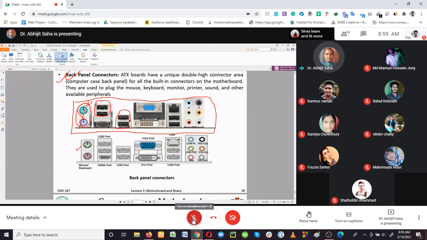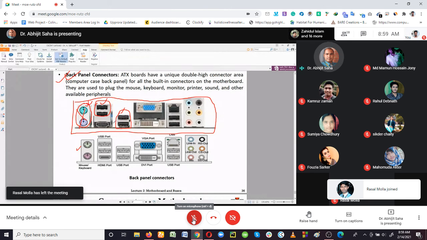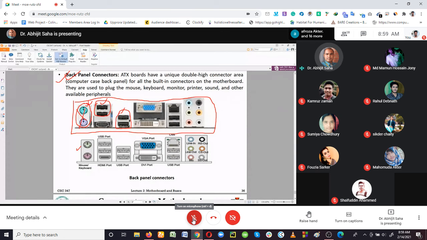You can see we have the USB port here. We can connect devices like a mouse, keyboard, flash drive or USB drive, maybe a printer these days, maybe a scanner also. These have all been replaced with the USB port and USB cable.